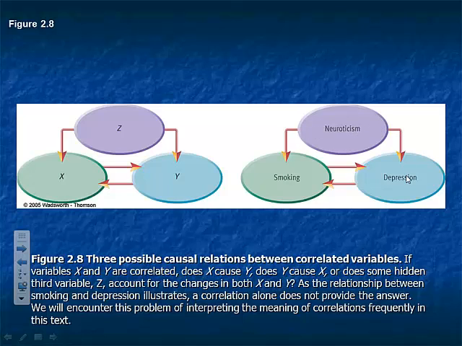So another example of this is that there's a research study out there that shows that ice cream sales are correlated with aggressive acts. So if we were to erroneously imply that there's a causation here, then you would think, okay, so eating ice cream causes people to get angry, or people who are angry really want to eat ice cream.